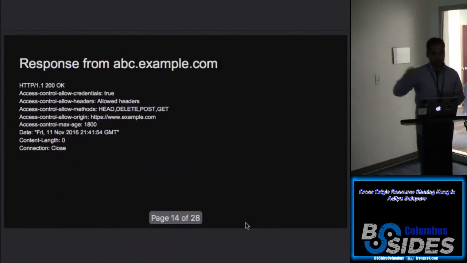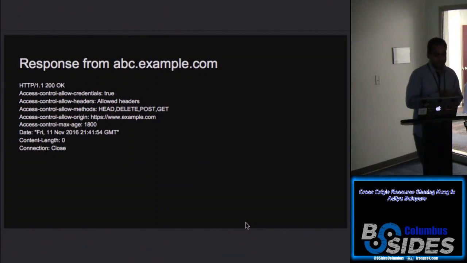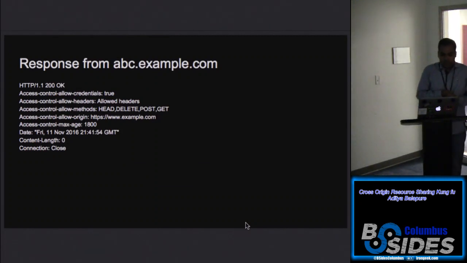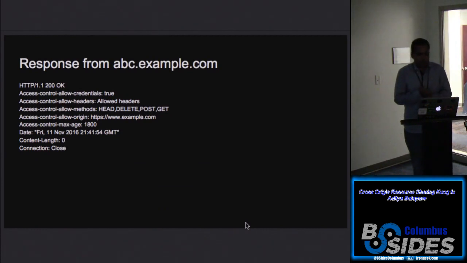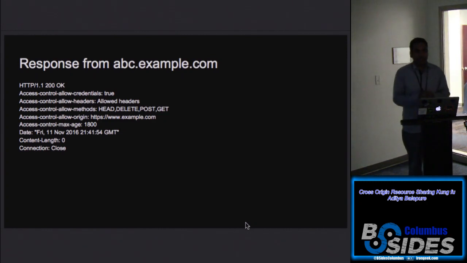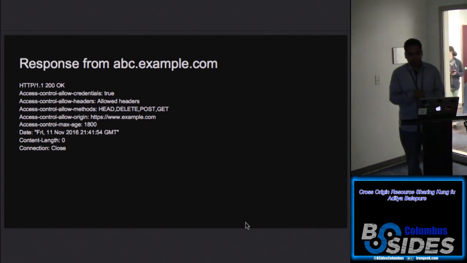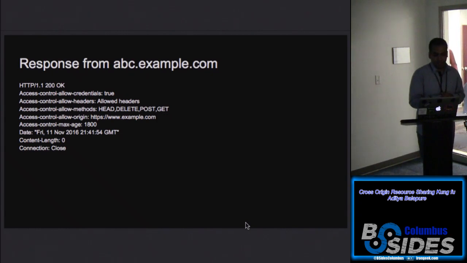Once the pre-flighting request goes through, the cross-origin server responds back with a 200 saying, hey, you're allowed to make credentialed requests to me. You're allowed to pass these headers to me. You're allowed to send me these methods, basically HEAD, DELETE, POST, GET in this particular case.